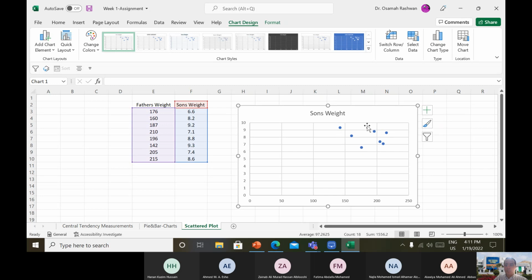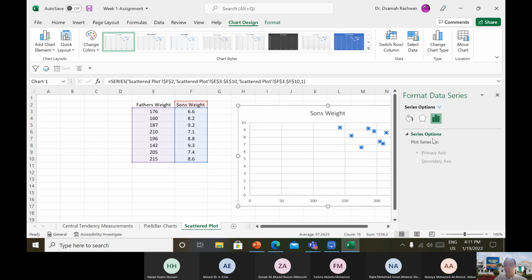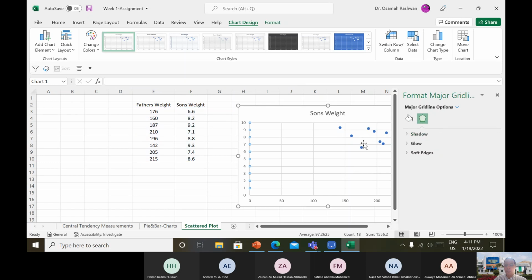It doesn't seem there is a relation between these two, right? There is no linear relation. Okay. If you would like to have the linear relation, so what you are going to do, yes, you can go for this one, and sorry, I would like to have the line.